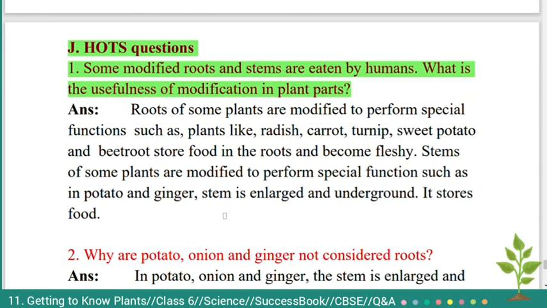Roots of some plants are modified to perform special functions such as plants like radish, carrot, turnip, sweet potato and beetroot store food in the roots and become fleshy. Stems of some plants are modified to perform special functions such as in potato and ginger, the stem is enlarged and underground. It stores food.